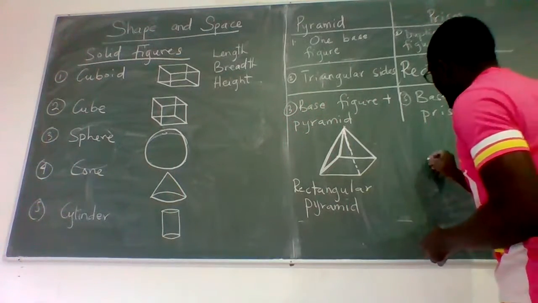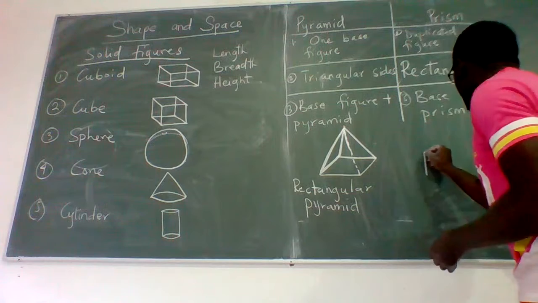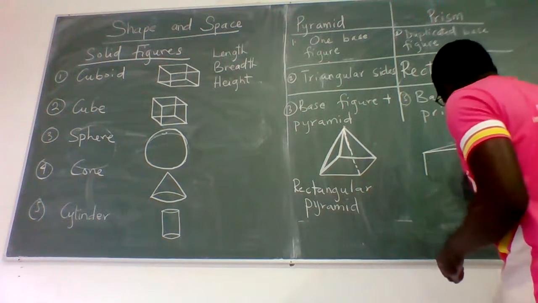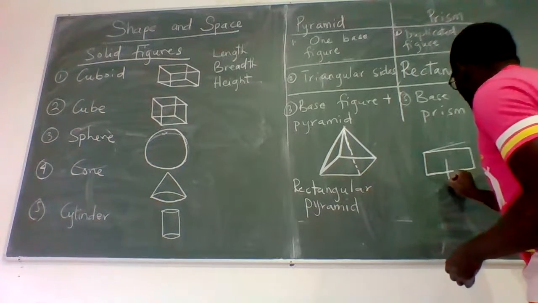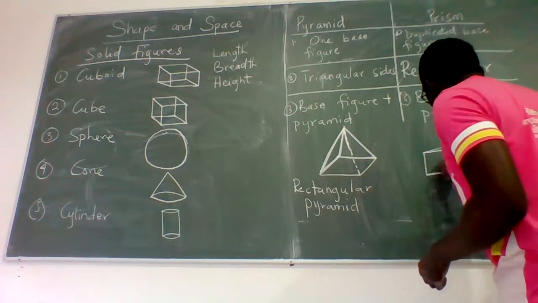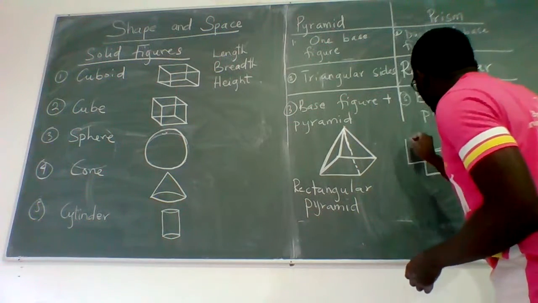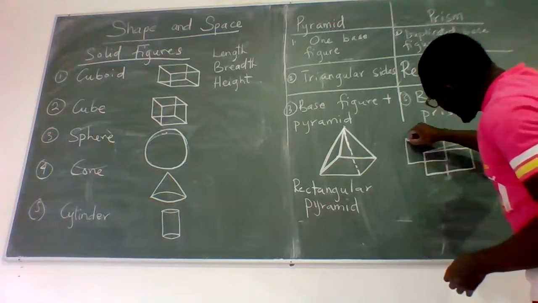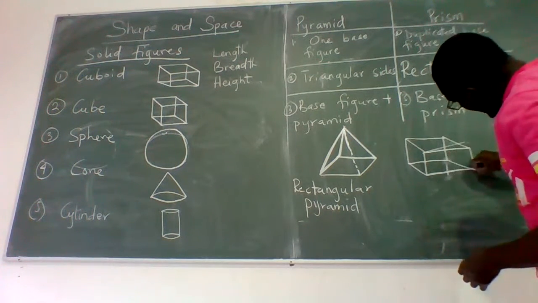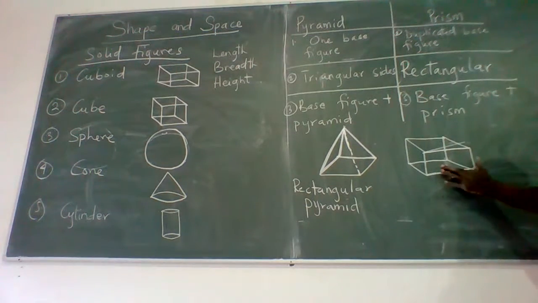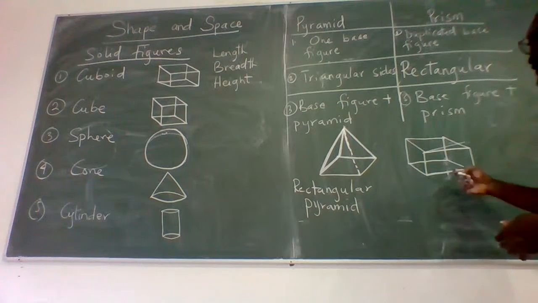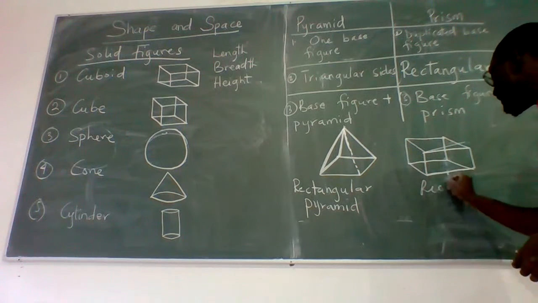The same way, if I have this same rectangle, so this becomes, the base shape is a rectangle.